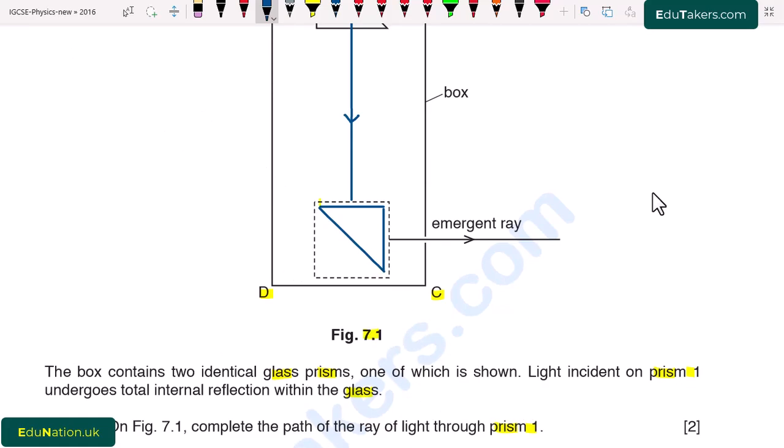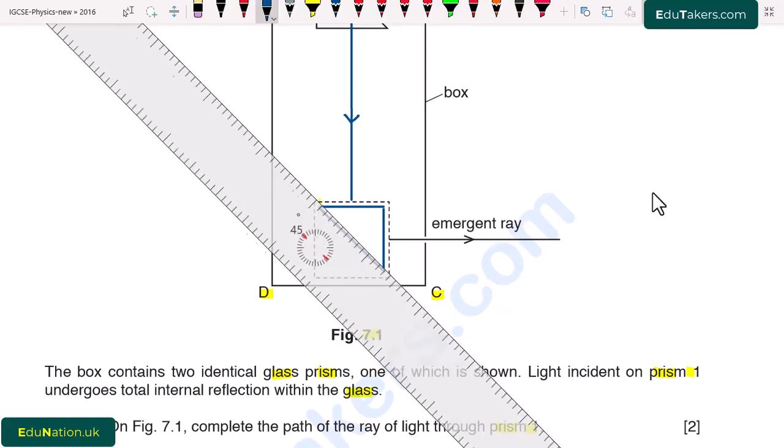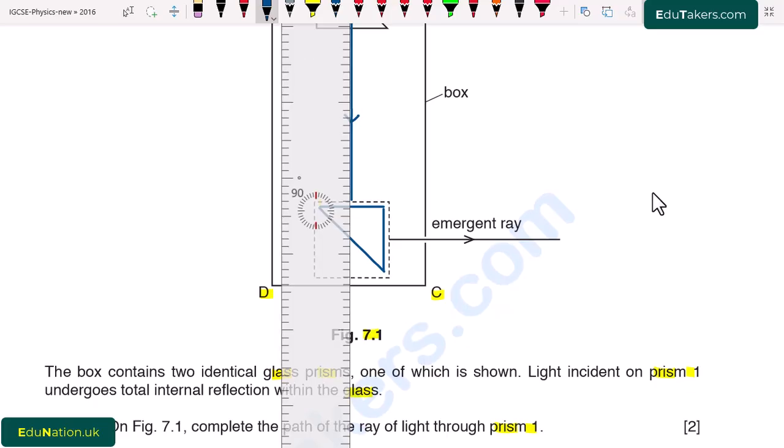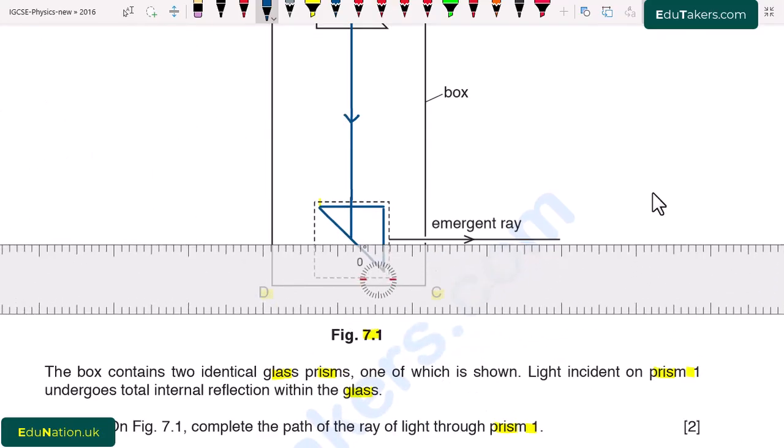Then the light falls on this prism. I draw its path here. And then from here it emerges and it becomes the emergent ray.